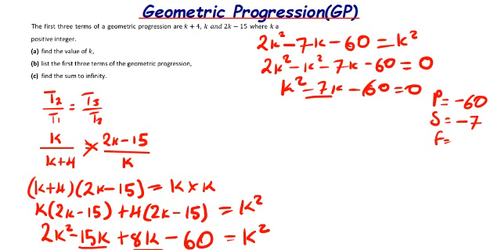So what are those numbers? In my case, those numbers are 5 and negative 12. 5 multiplied by negative 12, you can even use your calculator to confirm, is negative 60, and then 5 minus 12 is negative 7.